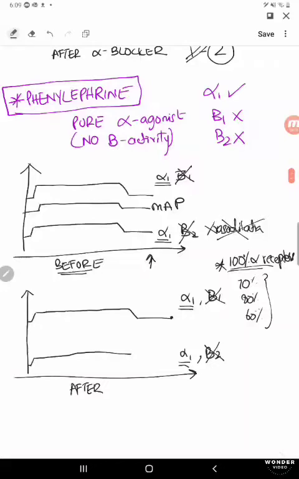As there is unopposed alpha 1 activity, there is no beta activity. So we will see a slight increase in our mean arterial pressure. It will be less compared to when there is no alpha blocker, but there will be some increase.